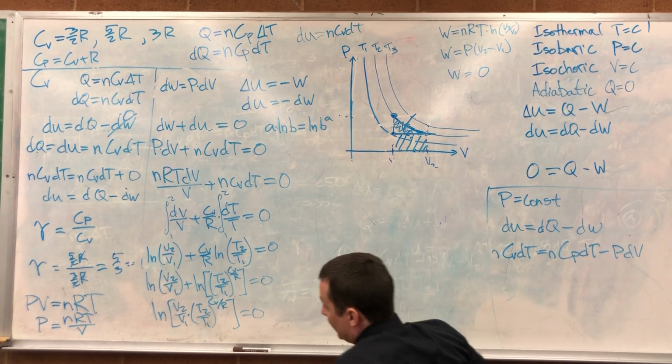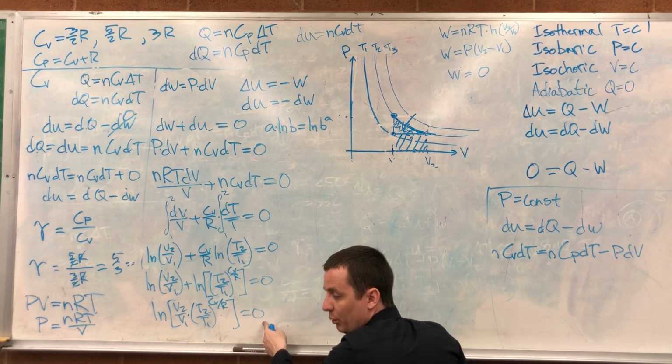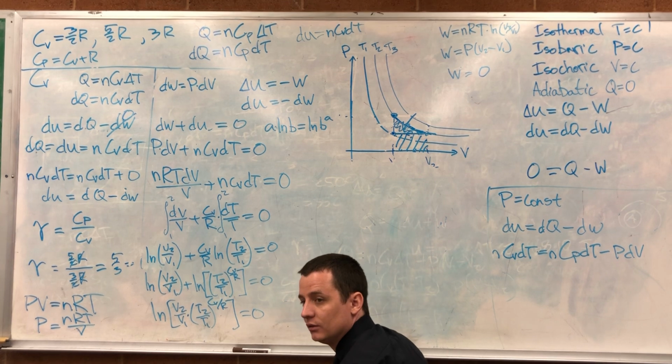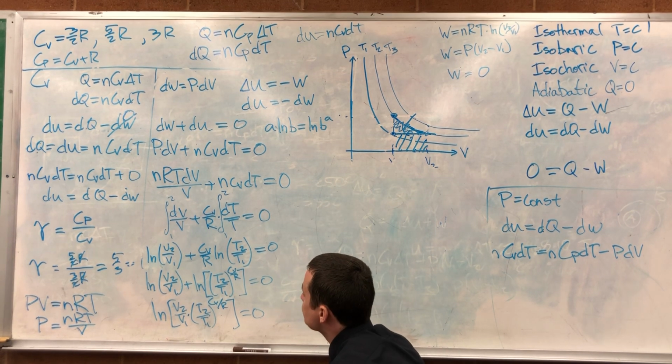So now, if a natural log of something is equal to 0, then what does the inside thing have to be equal to? Is it 1? Did I make a mistake somewhere?